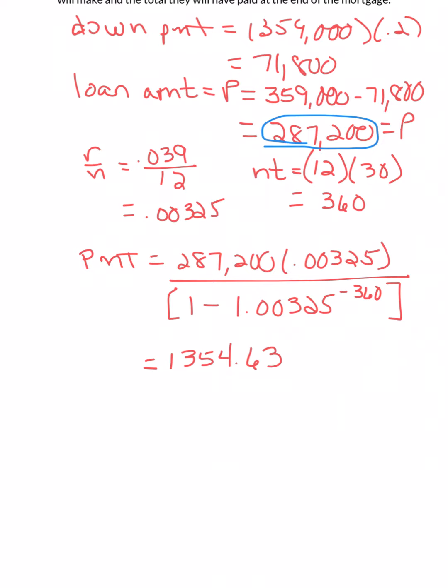You have to send them $1,354.63 every month. What you may not know, because most of you probably haven't purchased a house yet, is that when you own a house, you must also pay homeowners insurance and property taxes. You cannot get a loan for a house if you don't have homeowners insurance. And of course, the government's going to tax you every way they can.